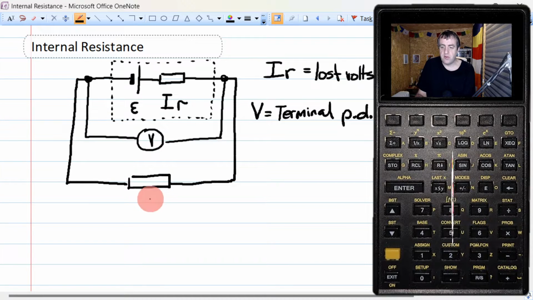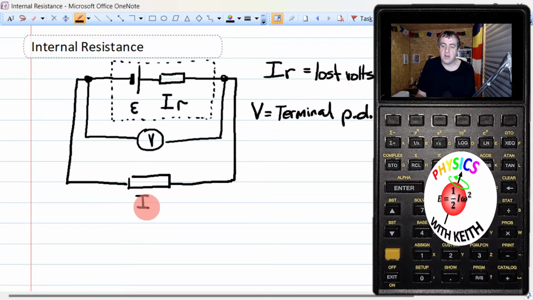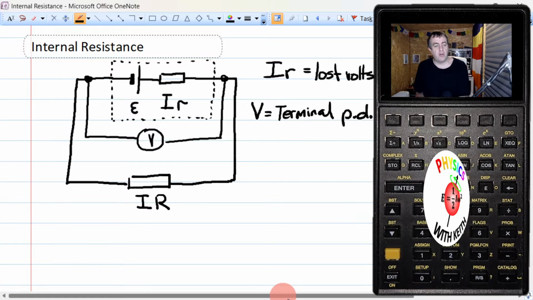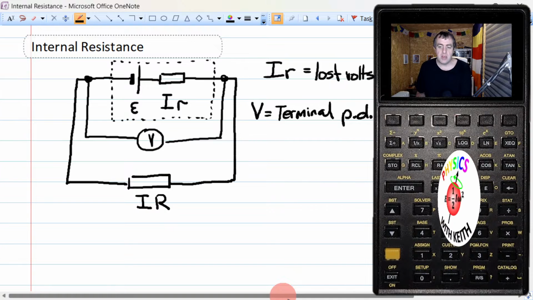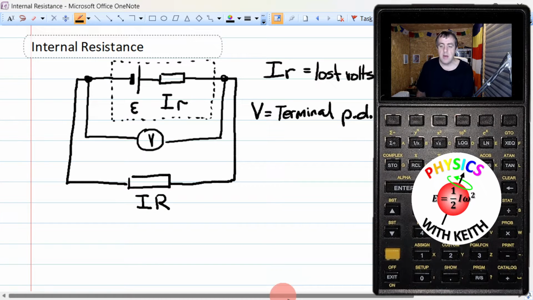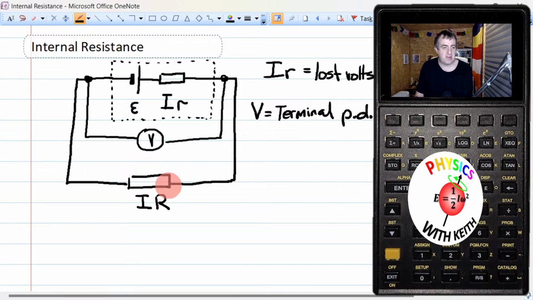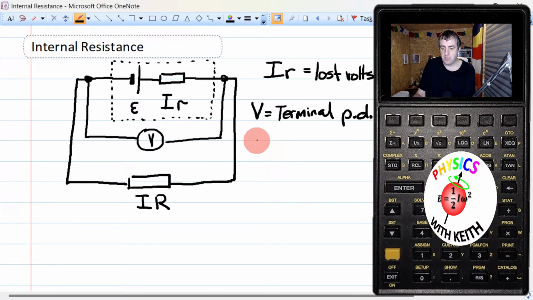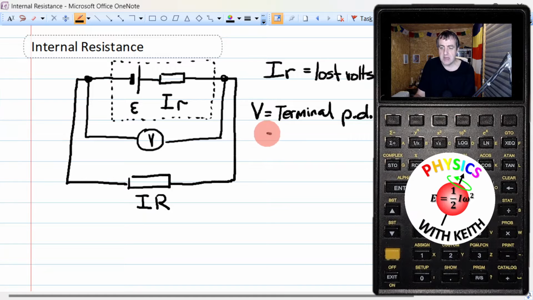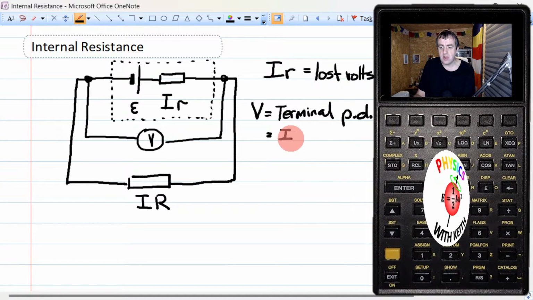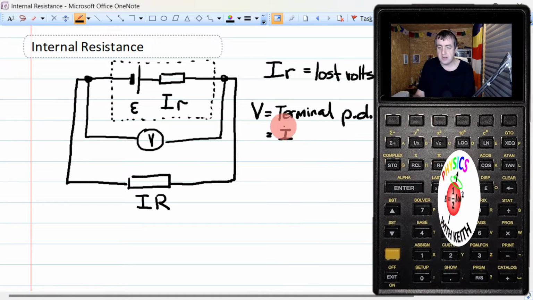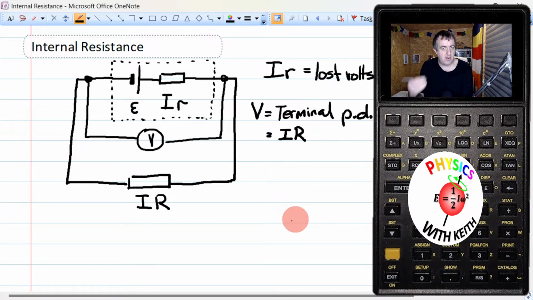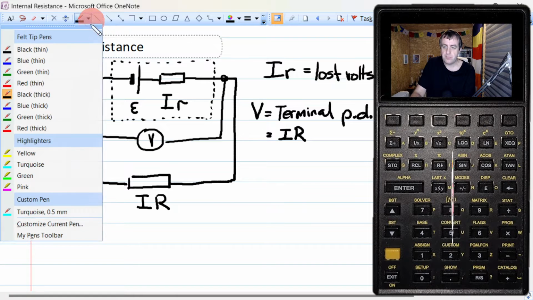As the current flows through this resistor, energy is going to be transferred, and the potential difference across that load resistor will be equal to the current that passes through it multiplied by its resistance. And the load resistor, its resistance is R. So the terminal PD is equal to the current that passes through the load resistor multiplied by its resistance. Remember, R is the load resistance.